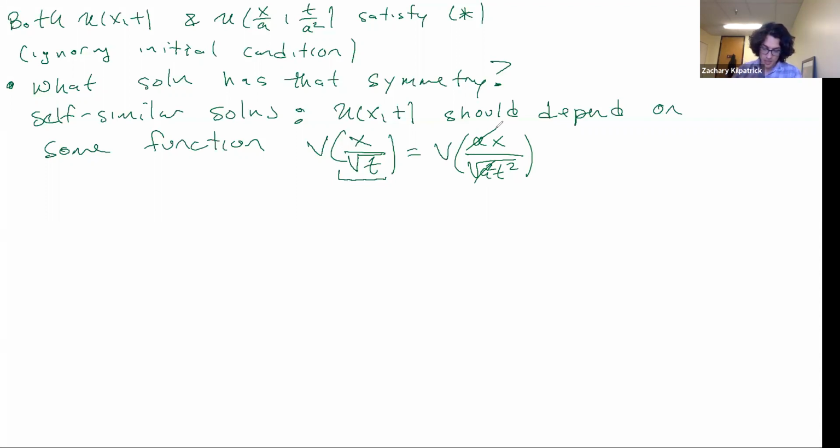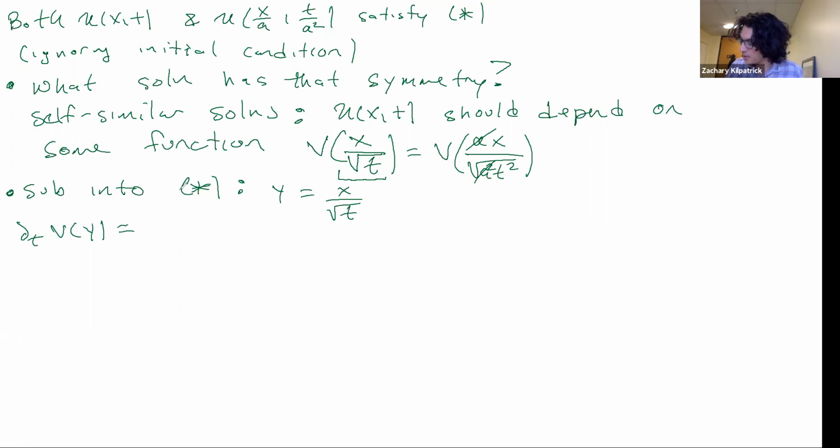So if we substitute this into our PDE, and we say that y is equal to x over the square root of t, and we work out the chain rule for each of these, then we get that ∂_t of v of y is equal to dy/dt times v prime.